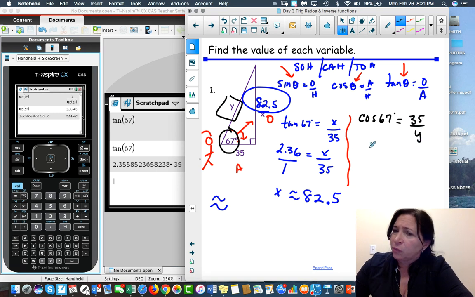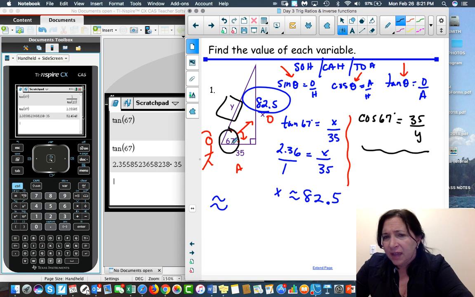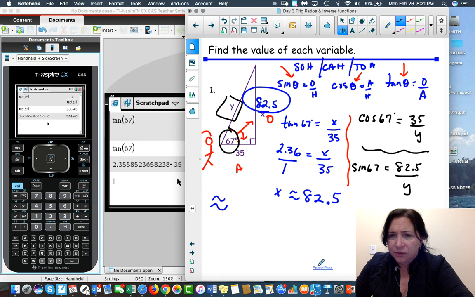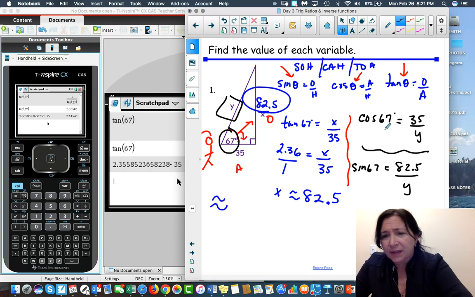Another option is sine of 67 equals the opposite side, 82.5, over y. Either one is going to give me a correct answer. The difference is that one is sine and one's cosine. Let's just use the original cosine one.